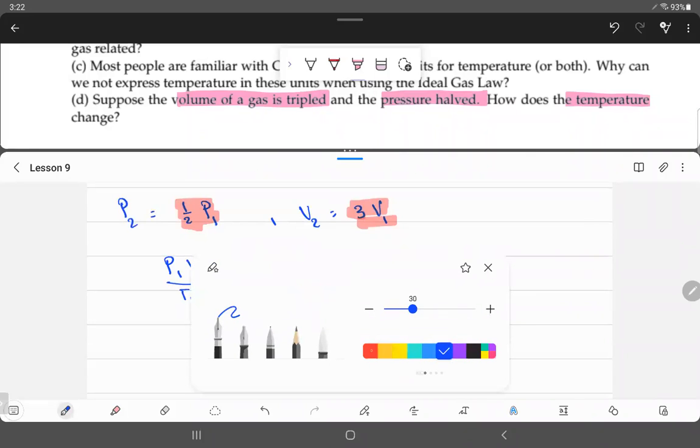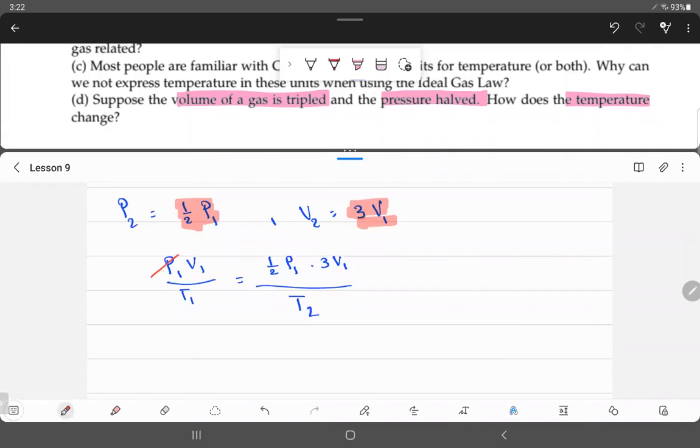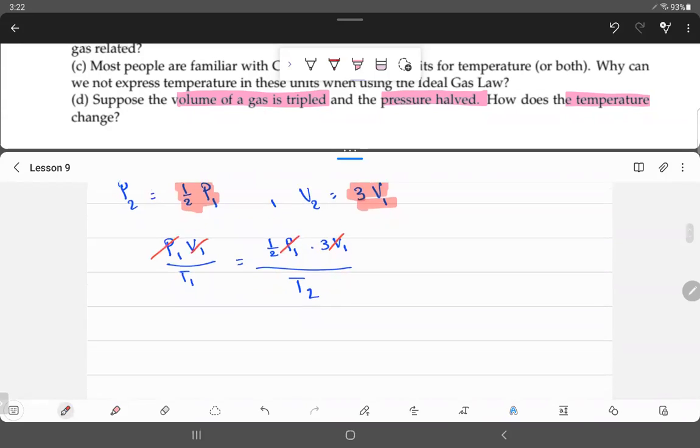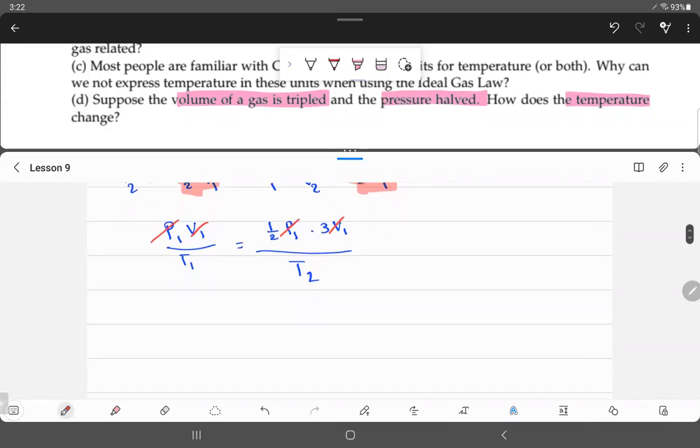And I can cancel P1 with P1, divide both sides by P1, divide both sides by V1, multiply both sides by T1, T2, you get T2 equals T1 times 3 over 2.